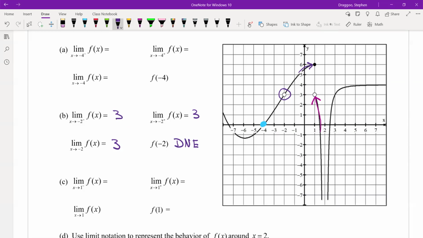Meanwhile, we look at the blue point, sending x to -4. Well, both sides agree. The limit should be 0. And also, if I plug in -4, which I'm allowed to do, I still get 0.